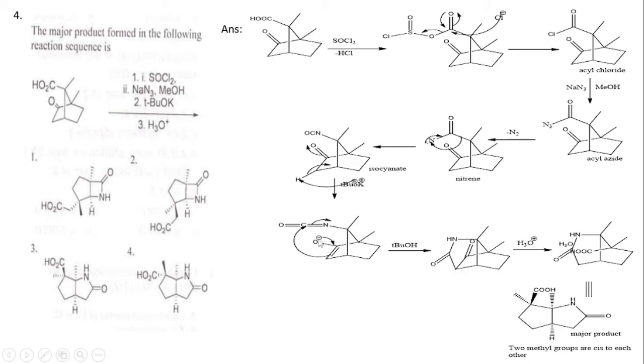Then this O minus comes back, and the double bond attacks the isocyanate carbon, and it leads to the formation of this type of cyclic amide.